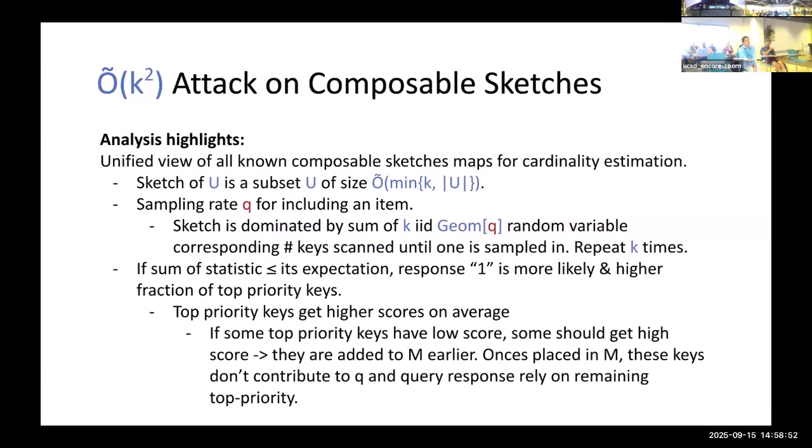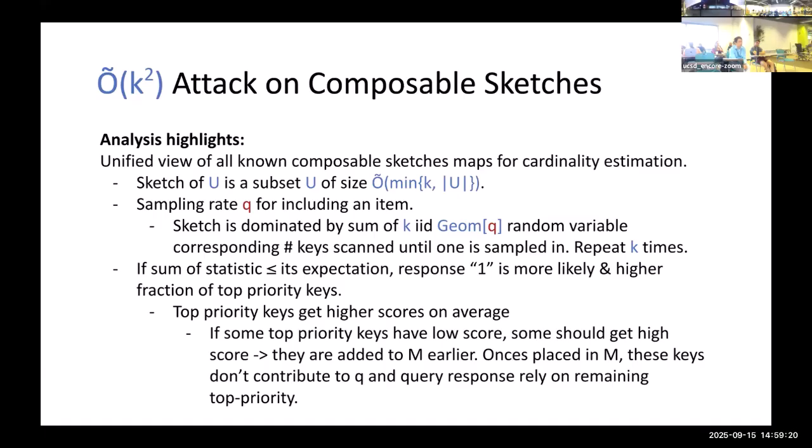And then the proof idea is that basically the sketch is going to be dominated by the sum of K IID geometrically distributed variables, which will correspond to the number of times it will get to sample one key, and then we need to repeat this K times.